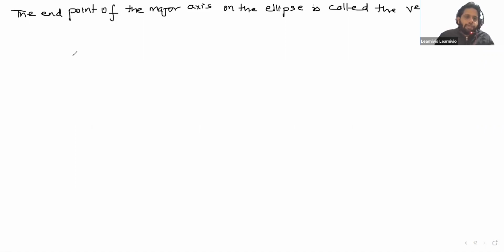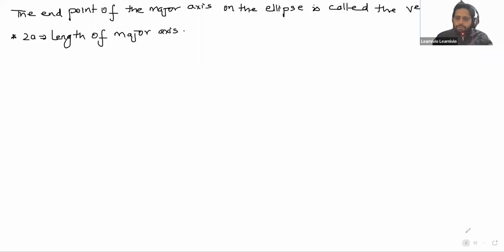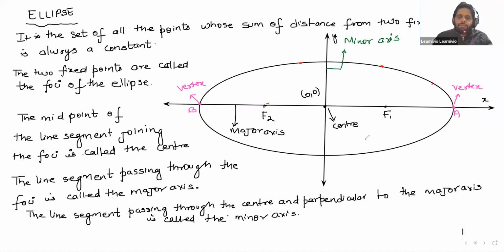Now we will take 2A as the length of the major axis. If you check this, this complete length is the major axis, so this complete length is 2A.